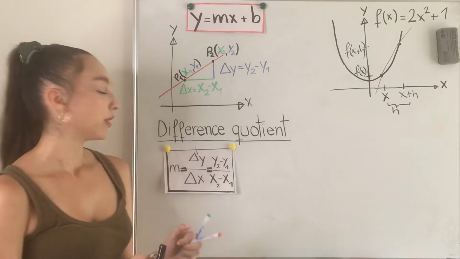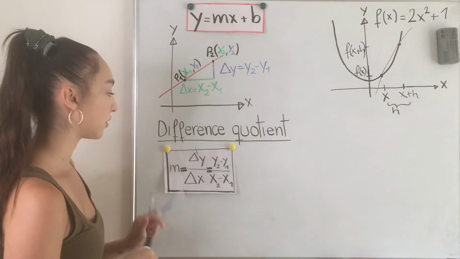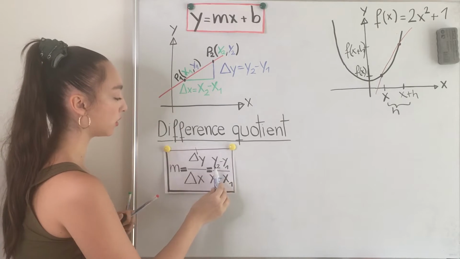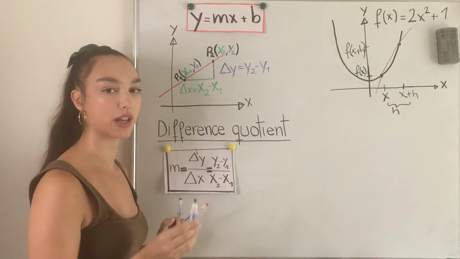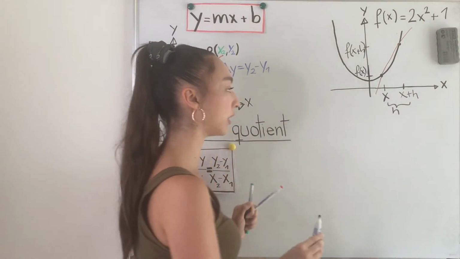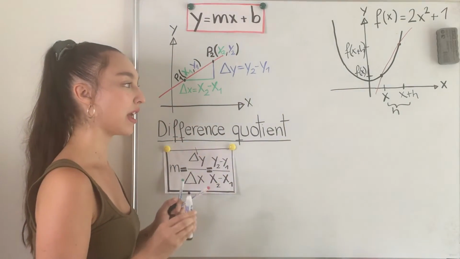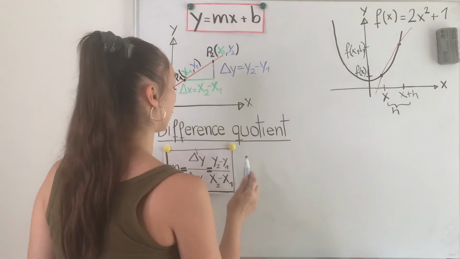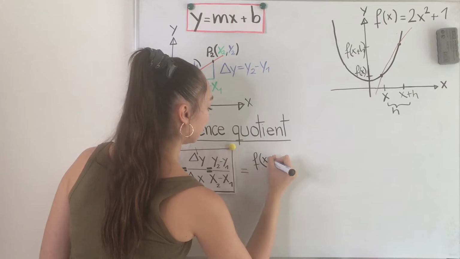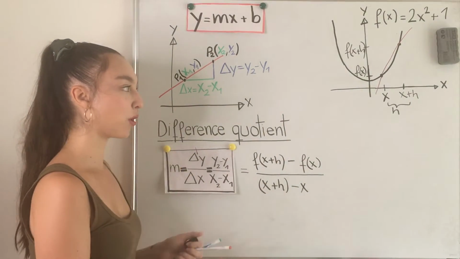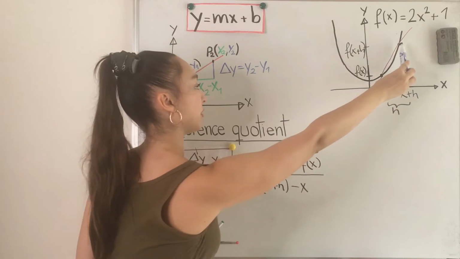Now, all we're going to do is substitute in this equation. In this case, we called the coordinates of the 2 points x1, y1 and x2, y2. But here we call them x and f of x, and x plus h and f of x plus h. So we're just going to substitute. Let's call point number 1 this one, and point number 2 this one.